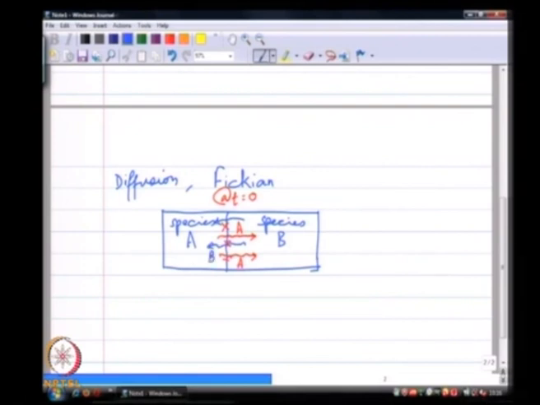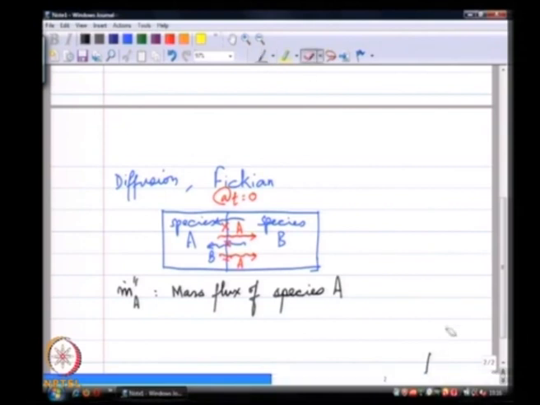The transport of these species is defined based on what we call mass flux. And this has units of kilogram per meter squared second. So, this is mass flow rate, which is kilogram per second per unit area.